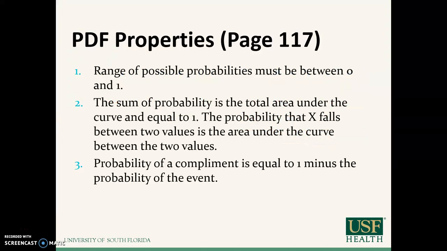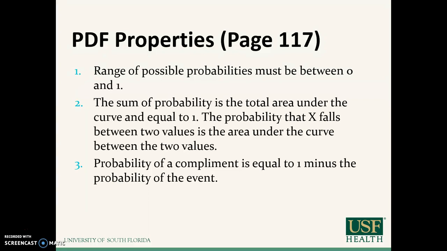PDF properties. First, the range of possible probabilities must be between 0 and 1. And the sum of probability is the total area under the curve and equals 1. That's called the total probability. The probability of x falling between two values is the area under the curve between the two values.